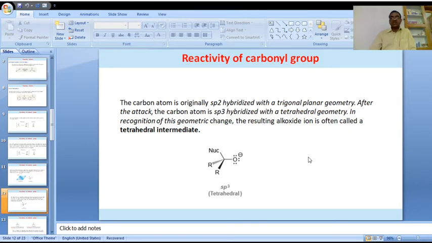This is called the tetrahedral intermediate alkoxide ion. It is an unstable ion. It is converted into alcohol immediately after transfer of hydrogen. We'll discuss that later. This unstable alkoxide ion intermediate is formed in this reaction.